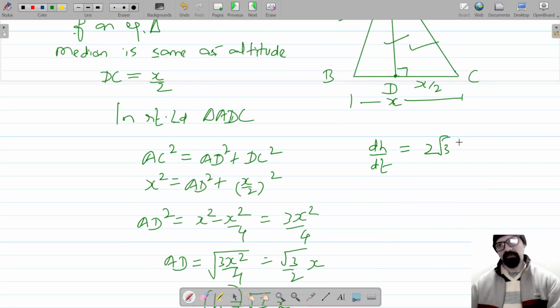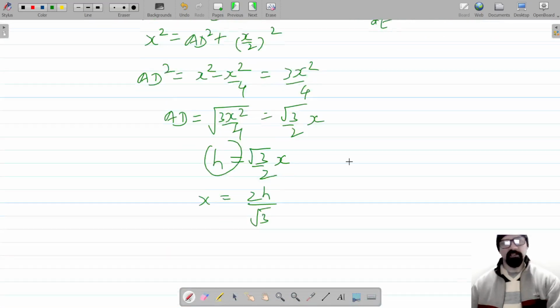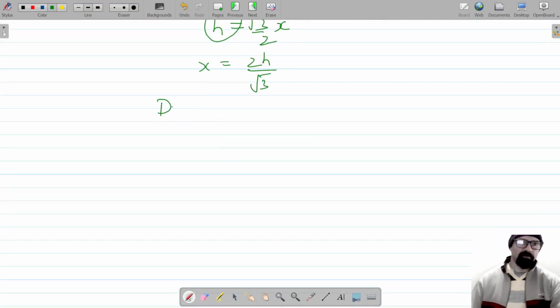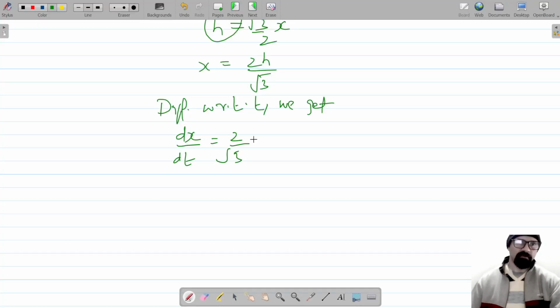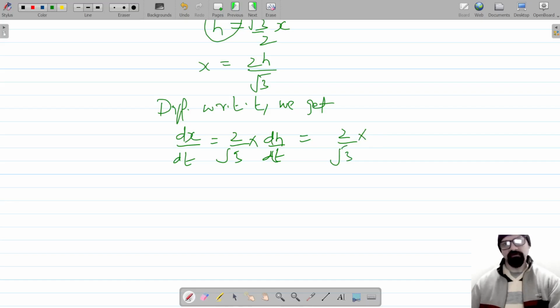So this is 2 root 3 centimeter per second, and we have to find now, differentiating this with respect to t, the rate at which the side is increasing, that is dx by dt. 2 by root 3 is constant, and it's dh by dt. So dh by dt is the rate of increase for the median, which is also the height.